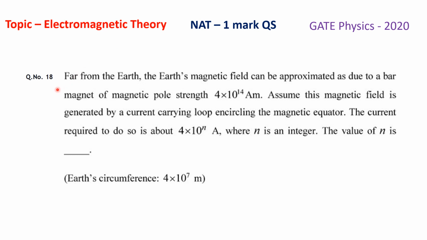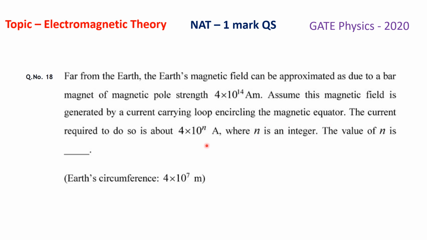The question is, far from the Earth, the magnetic field can be approximated as due to a bar magnet of magnetic pole strength 4 times 10 to the power 14 ampere meter. Assume this magnetic field is generated by a current carrying loop encircling the magnetic equator.